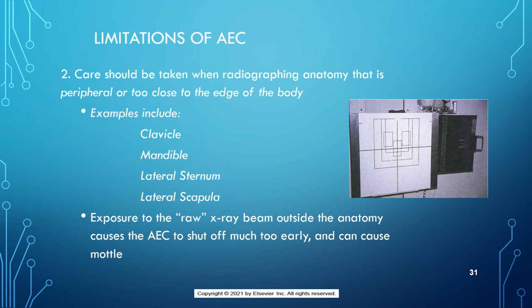And so if it gets any of the primary beam, or if the body part is too small to cover the entire chamber, or the shape of the body part doesn't lend itself to covering the entire chamber, like a flat bone, then you probably should use manual technique, because you're going to get underexposure if you don't.